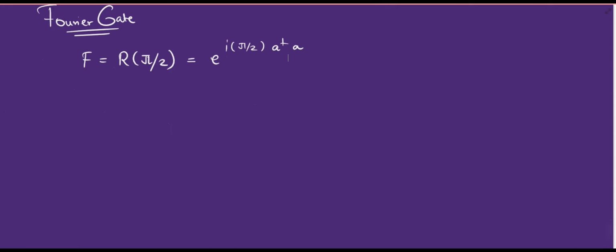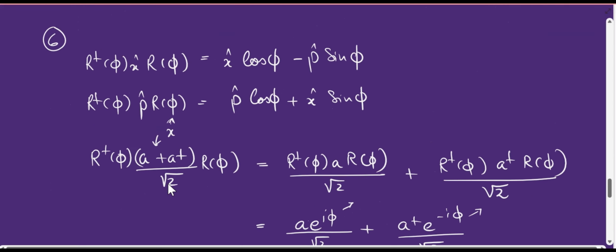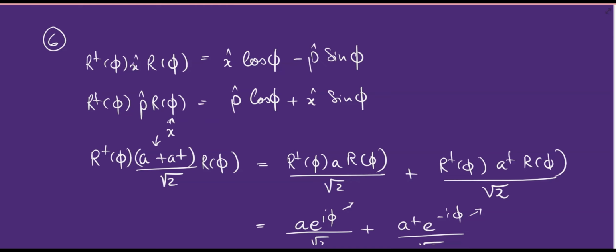So what happens when it acts on the quadrature operators? F dagger x cap F will give us minus p cap. What you do is, you just put theta as pi by 2, so cos pi by 2 is equal to 0, and sin pi by 2 is 1.